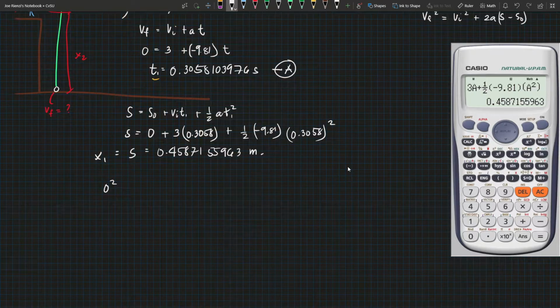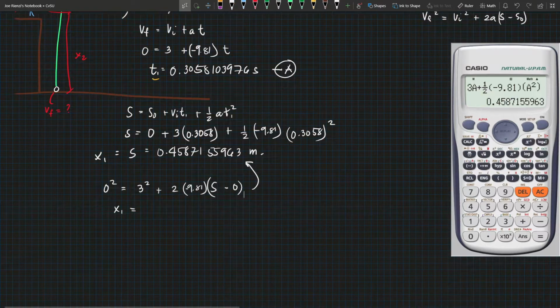So, final velocity is 0. Initial velocity is 3, plus 2, 9.81, assuming negative, and then multiplied by s minus s naught, which is 0 yung assume natin. So, kapag ganito, parang babalik lang siya dito. So, ito lang din yung makukuha, kasi tatranspose to doon, di-divide ng 2 at 9.81.